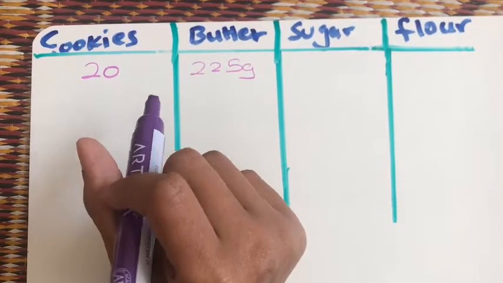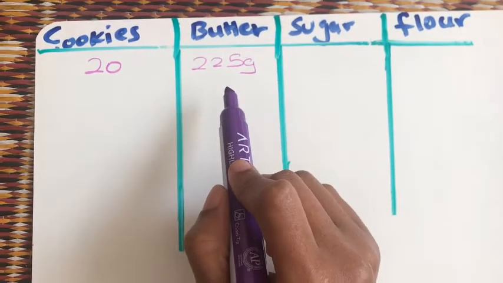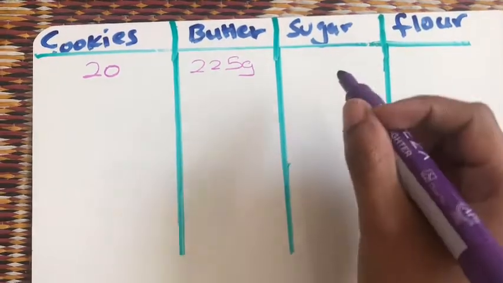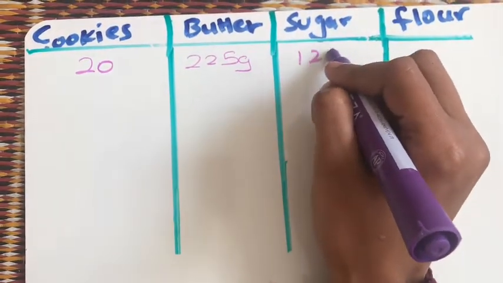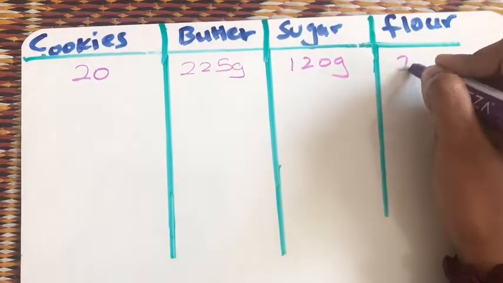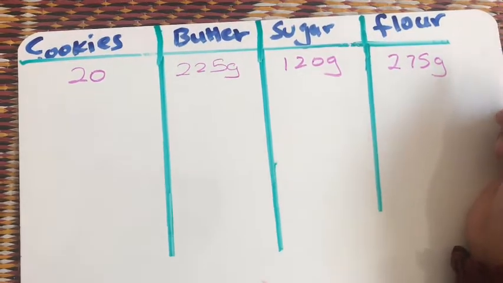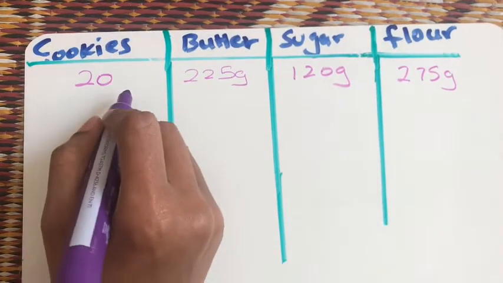We know that to make 20 cookies, you need 225 grams of butter, 120 grams of custard sugar, and 275 grams of flour. So this is 20 cookies.